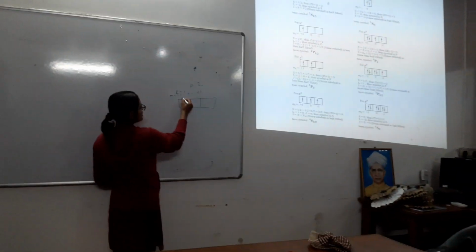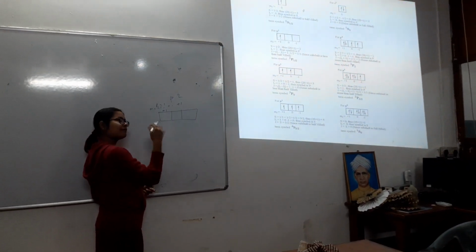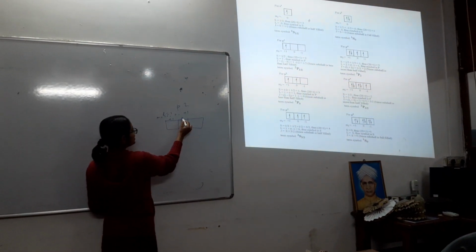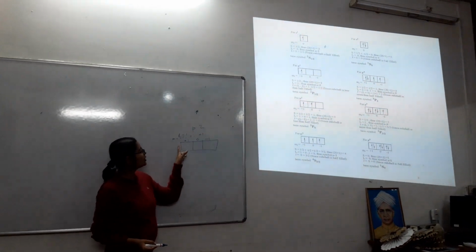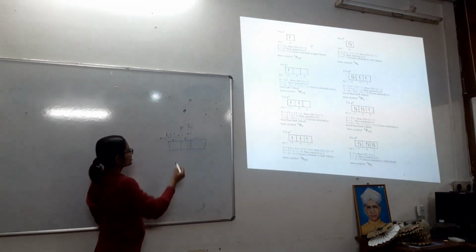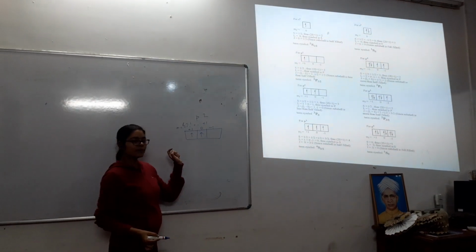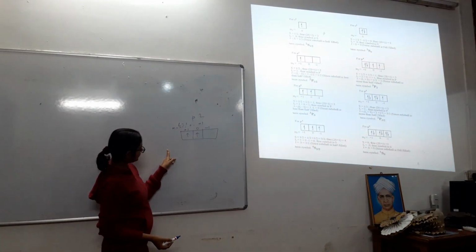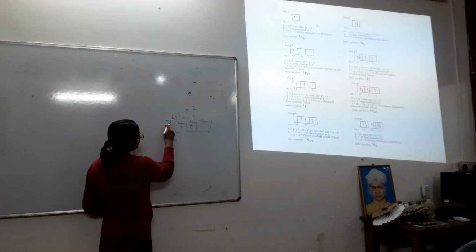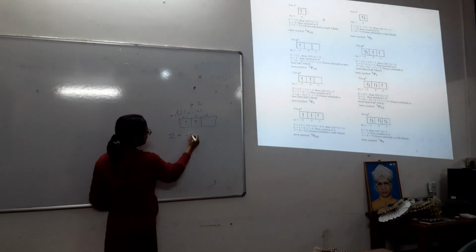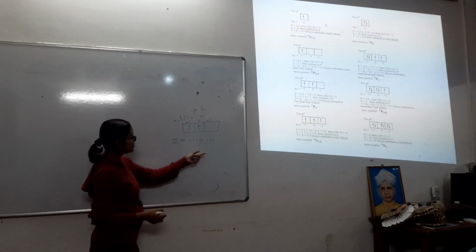So the magnetic quantum values are +1, 0 and -1. And then you take the 2 electrons here. Now we take the summation of M, which is +1 + 0, that means +1. So the summation of M is +1.